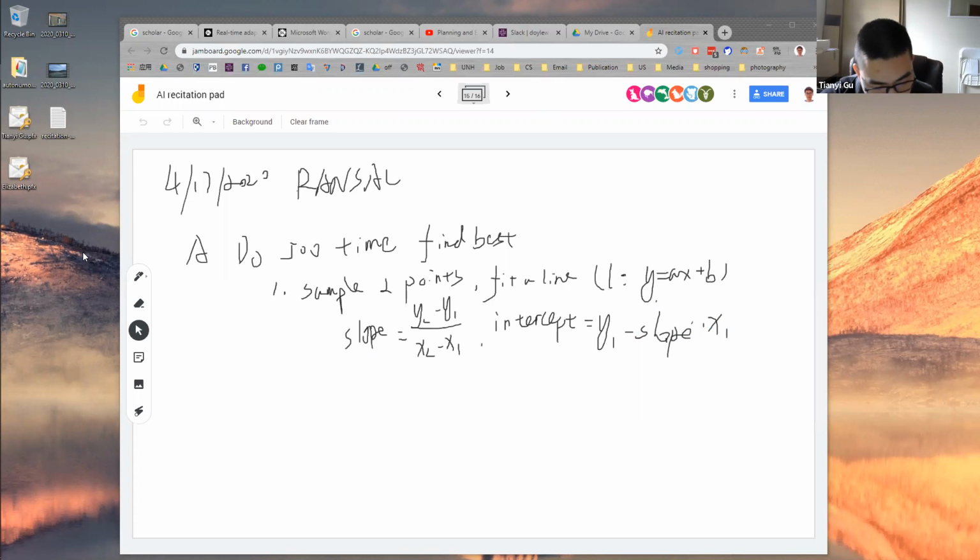Then the second step is to find all the points that are close enough to this line.